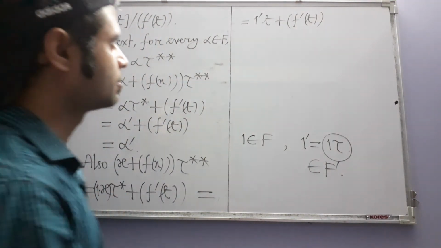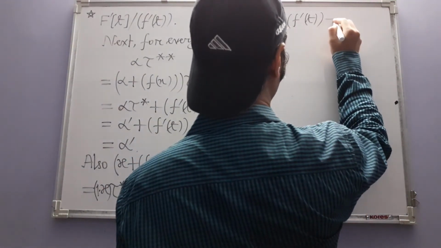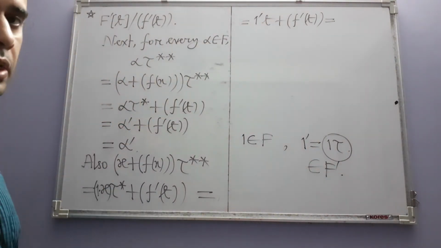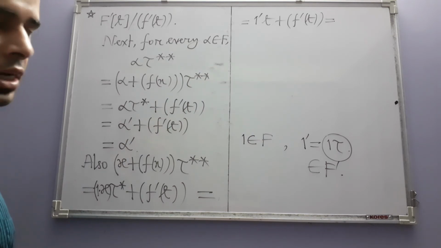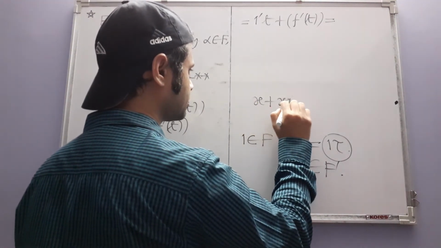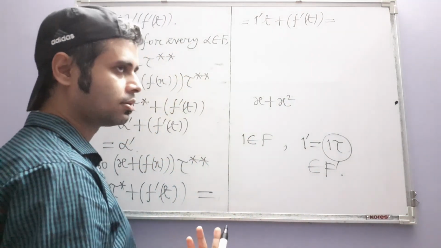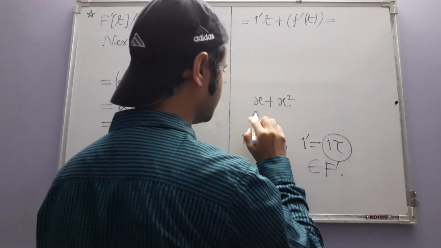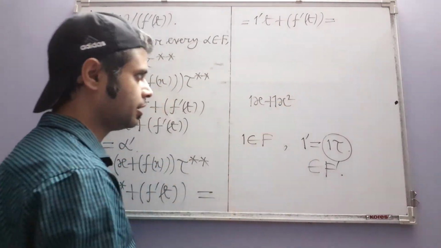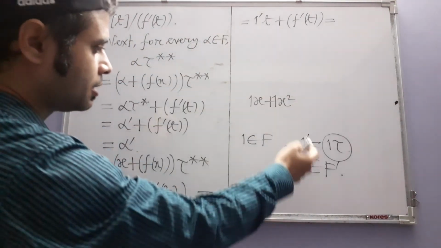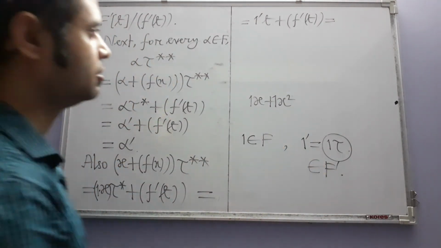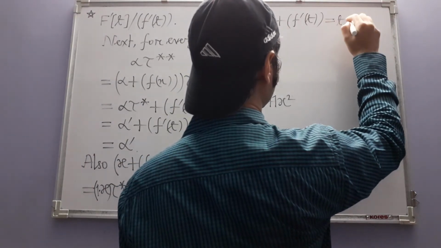And that is why here also we do not write that 1 prime. Like normally we do not write, for example, if you write x plus x square, say this is your ordinary polynomial with real coefficients, you do not normally write 1, but it is there. So now 1 prime is the multiplicative identity in this field F prime, so we are not going to write it. And we have this.